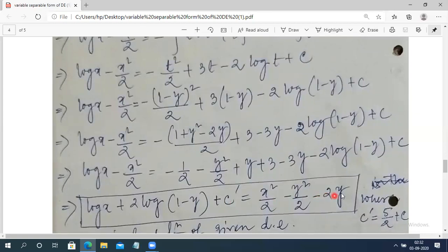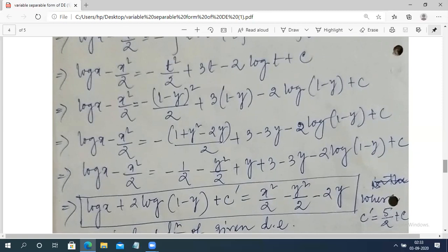But in a particular solution we assign some specific value to the arbitrary constant, and for this some initial conditions are given by which we can assign the particular value to the arbitrary constant. So when particular values are assigned to the arbitrary constant, it is known as the particular solution.